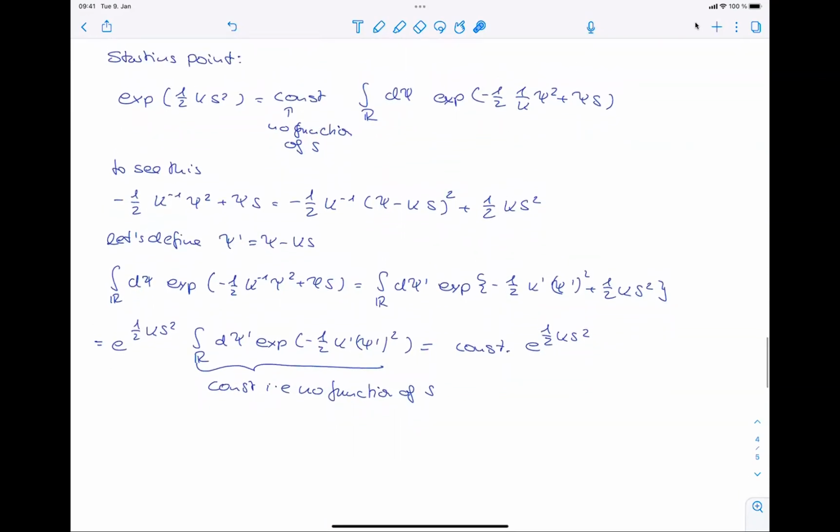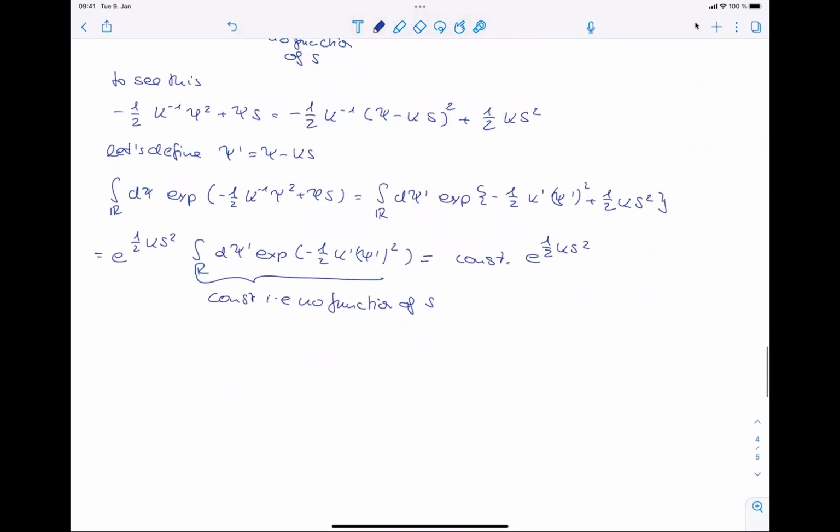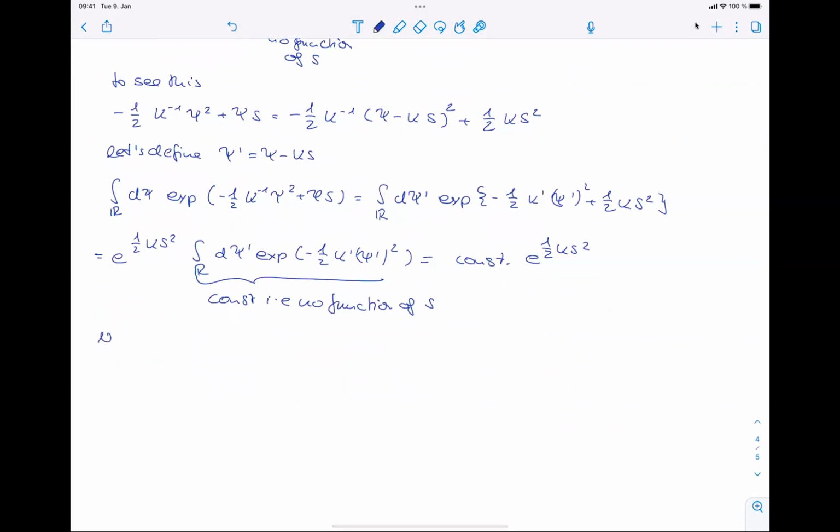This is the essence of the Hubbard-Stratonovich transformation, except that for now I only looked at scalar variables, and in principle we have vectorial variables.